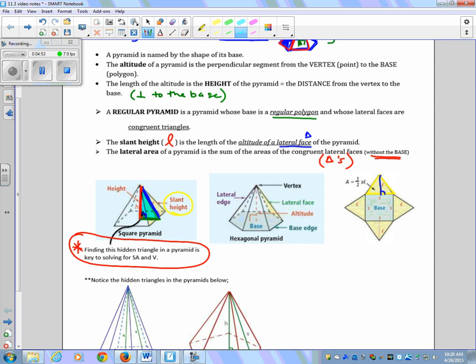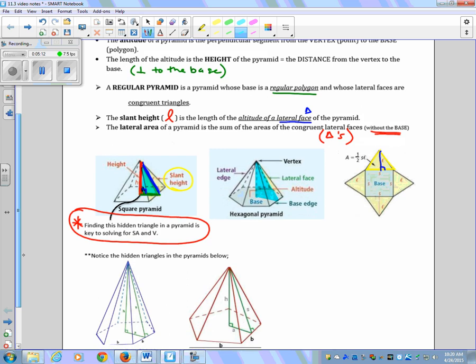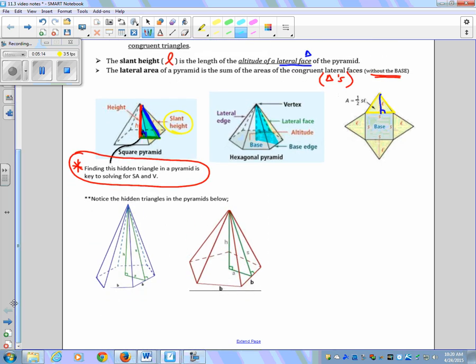If I highlight it in this one, it's the height, the apothem, and the slant height. There's the triangle in that one. That triangle, just kind of like part of the cross section, is hiding in there. That's going to be key to finding the missing pieces here.